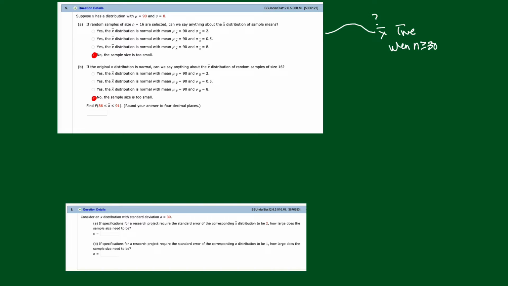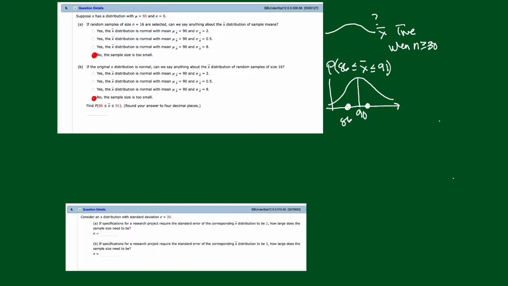And then we're supposed to get this probability. What's the probability that X bar is between 86 and 91? We can do this directly on our calculator, but I'm going to draw a picture anyway. It helps me know what to put in my calculator. The mean here is 90, so the high point is 90, and we want to go between 86 and 91.